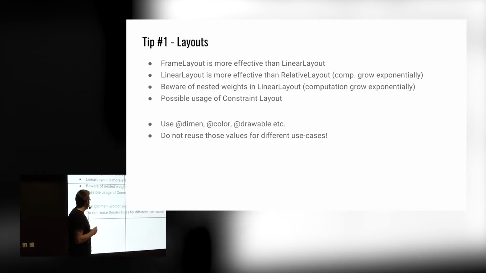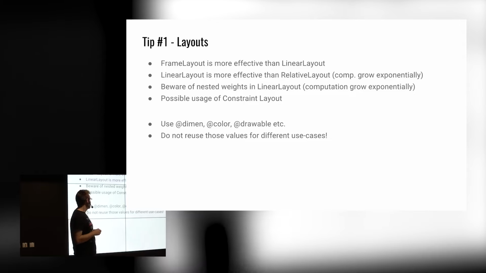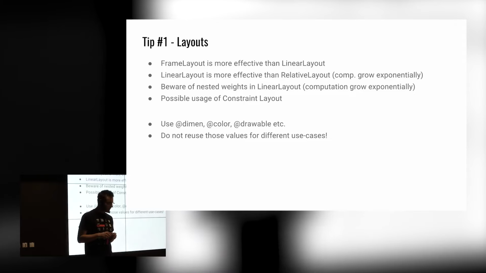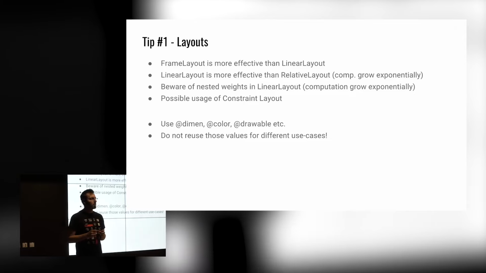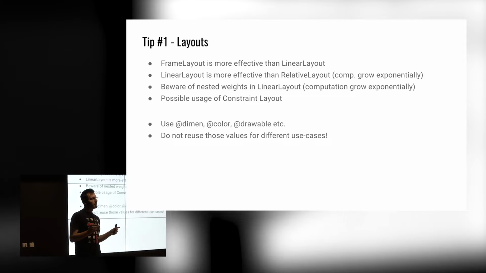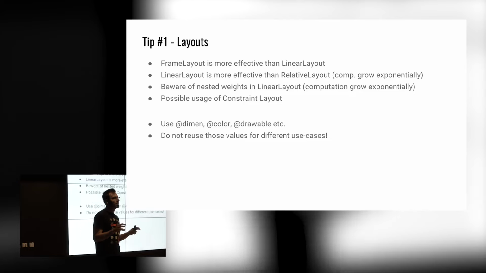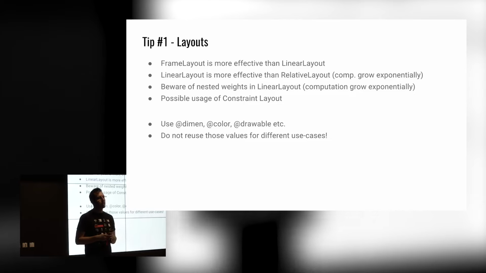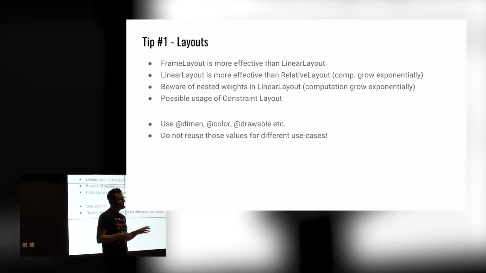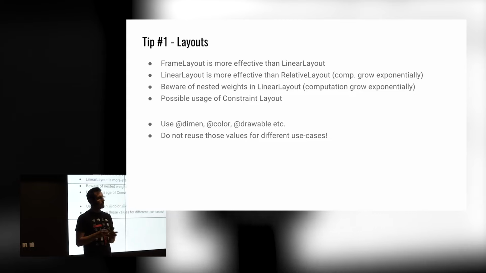And we are getting to why you shouldn't reuse those values in different contexts. Let's say you specify some button color, and you have two screens with two buttons. They can have the same color right now, but later a designer can come and say, let's make this button blue, and you will also change the button on some different screen.